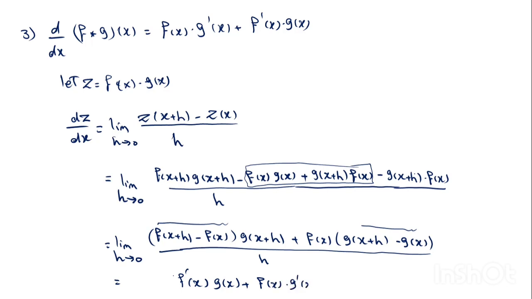The fourth rule is the reciprocal rule. d by dx of the reciprocal of g of x, provided that g of x is not equal to 0, is, as we would prove, equal to negative g derivative of x over g of x squared.